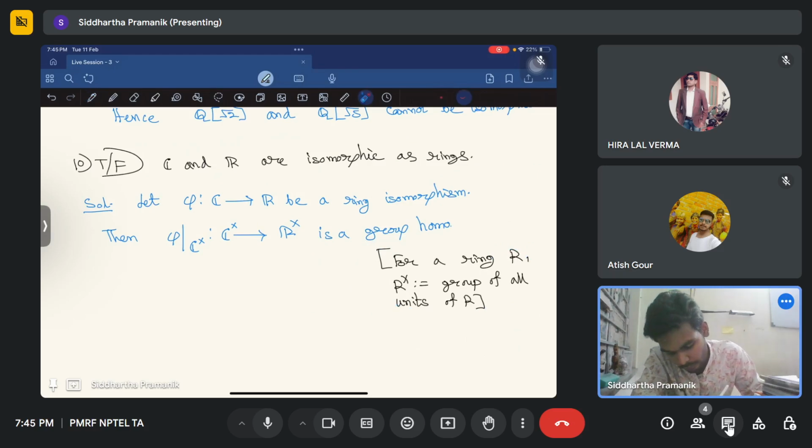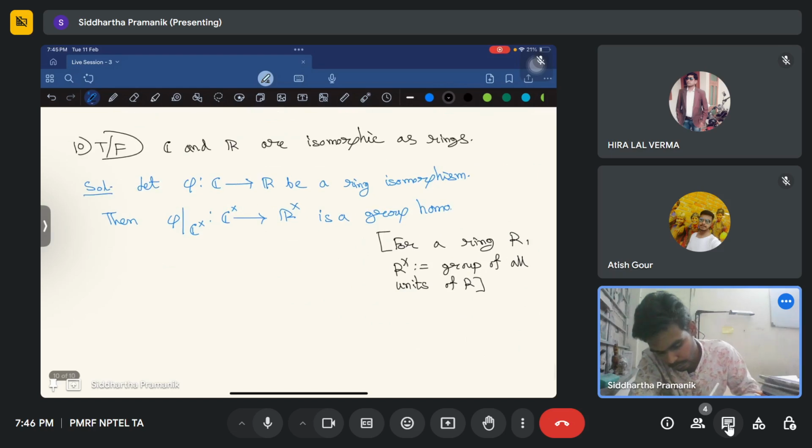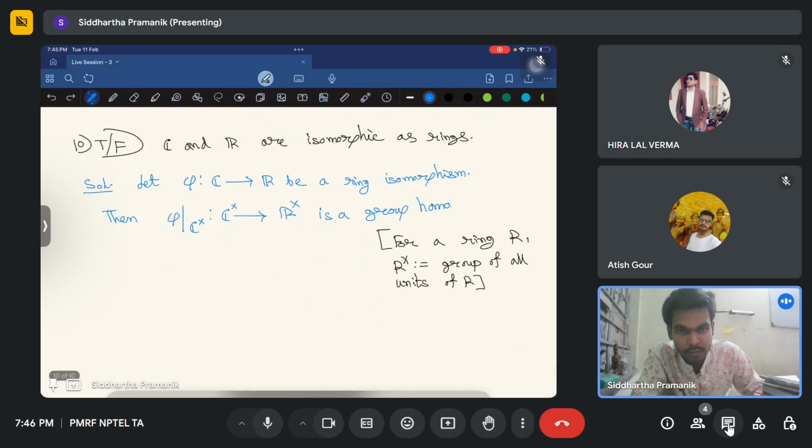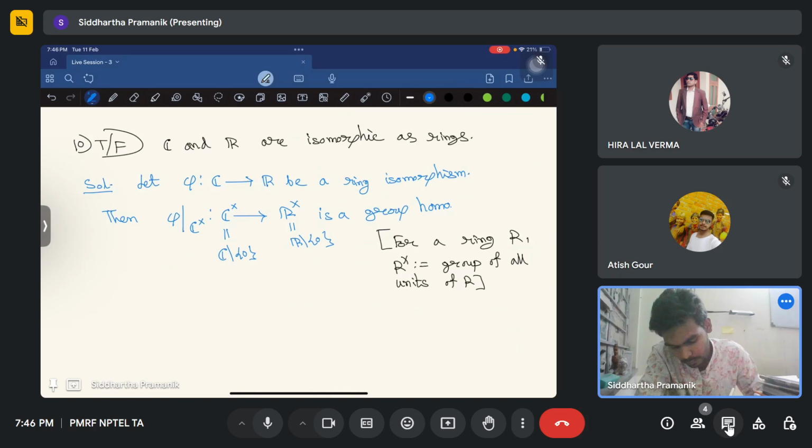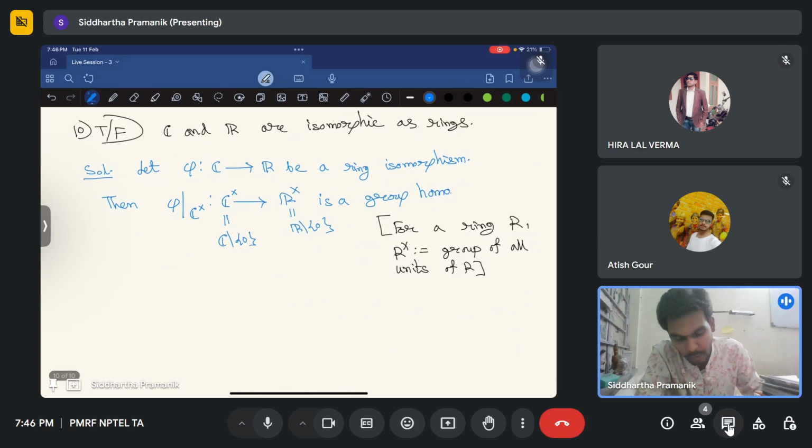So since phi preserves multiplication and phi maps units to units, phi restricted to C cross is a group homomorphism. But in C cross, so C cross is basically C minus 0, right? Because C and R both are fields, so every non-zero element is a unit. Now these are groups with respect to multiplication.